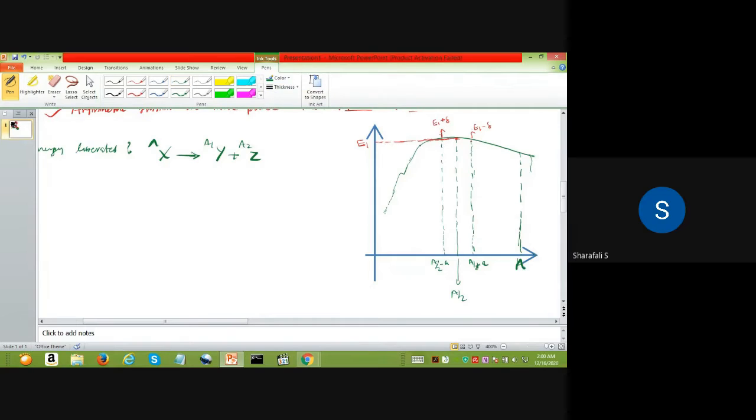I should have some more energy here, going something like this. This point has more binding energy per nucleon than here, so this point which is smaller is E1 minus delta. This is E1, and this is E1 plus delta energy.